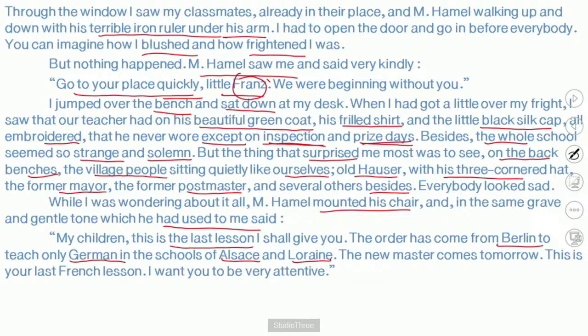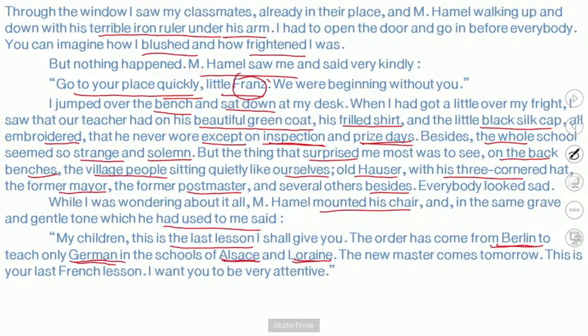Means he told the class, and also those sitting on the back benches, that today he had received an order from the authority and he has to leave this village and go to Berlin for another task, to teach the German language in the schools of Alsace and Lorraine.